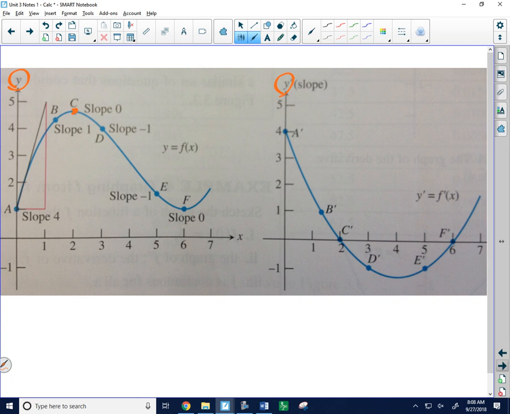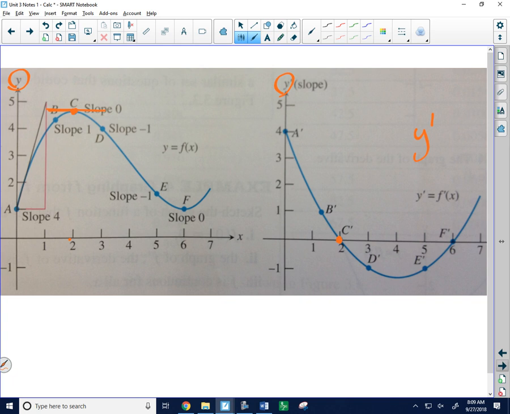If I do the instantaneous rate of change right at the top there, the slope would be horizontal, and a horizontal slope is 0. So on the derivative graph, at 2, the derivative y value must be 0. So you come over at 2, and that's why it's crossing at 0 here. This plots the slopes. That's what the derivative y prime does, it just plots all your slopes.